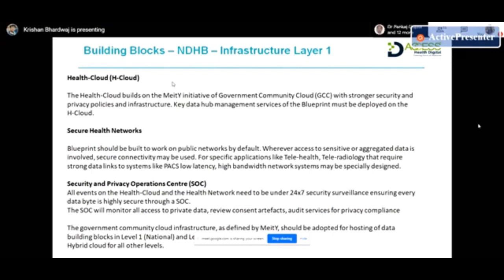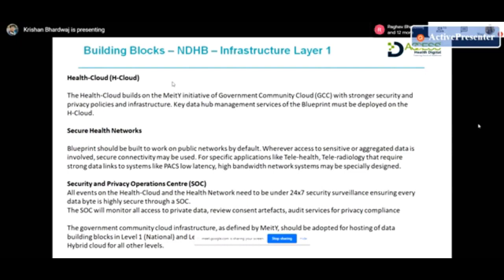The third thing they talk about is the Security and Privacy Operations Center. We call it SOC. They are saying that the health cloud is storing all the data. There will be private clouds, and somewhere there will be hybrid clouds also, where public entity related data is stored in the government cloud, but private related data is stored in the private cloud.